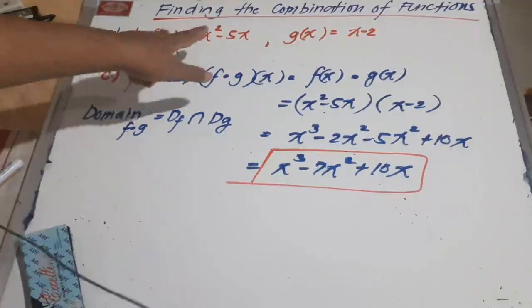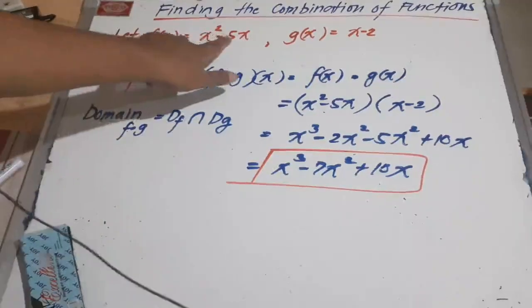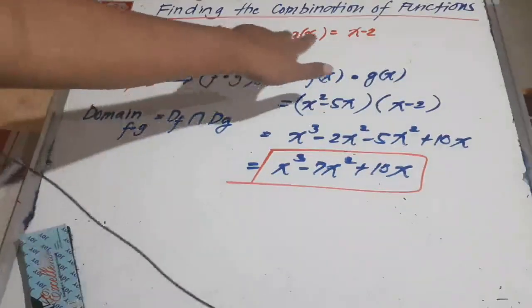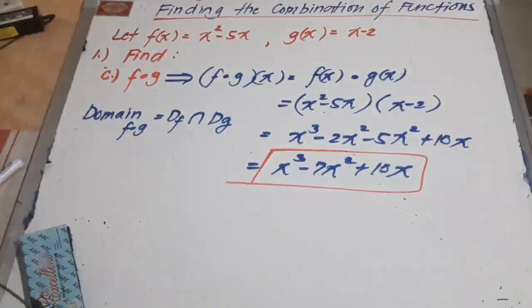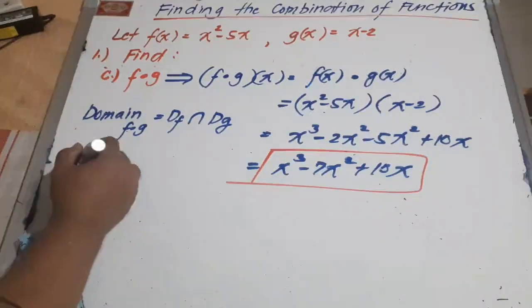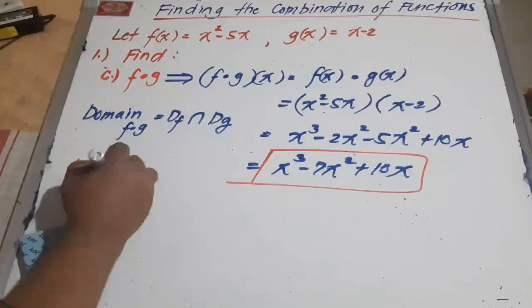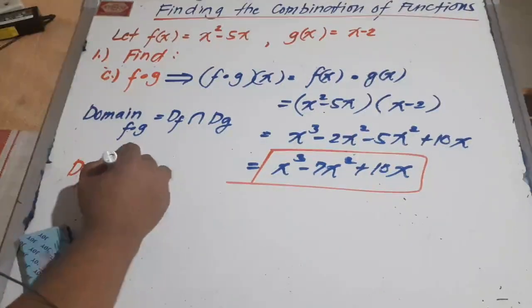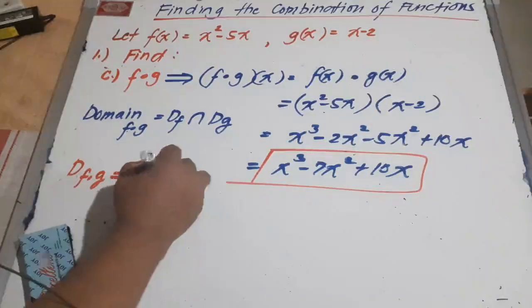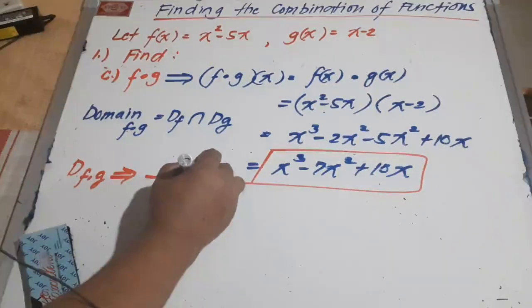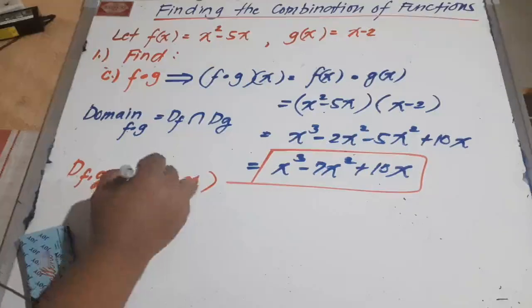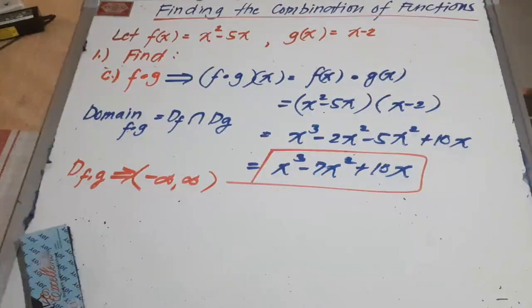And ang intersection nila, ito'y all reals ang domain, ito'y all reals ang domain, so ang intersection nila, all reals din. So our answer for the domain of the product is negative infinity, comma, positive infinity in interval notation, or in set builder notation, that is x such that x is an element of real number.